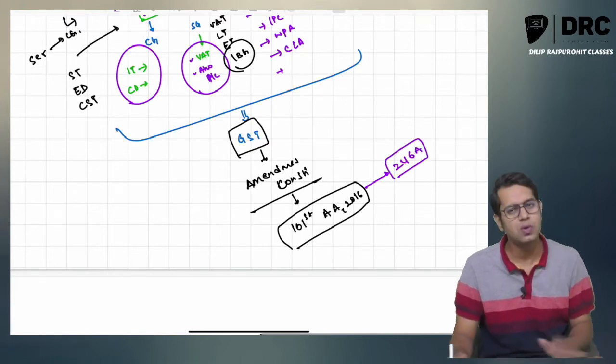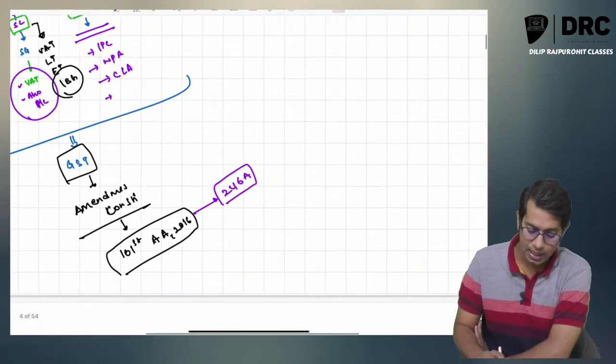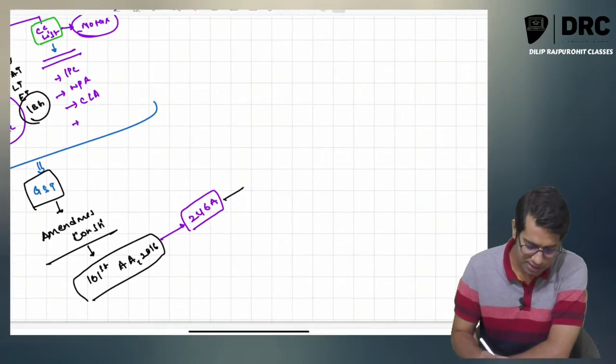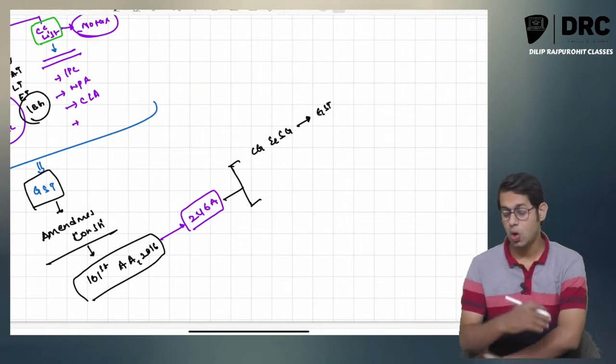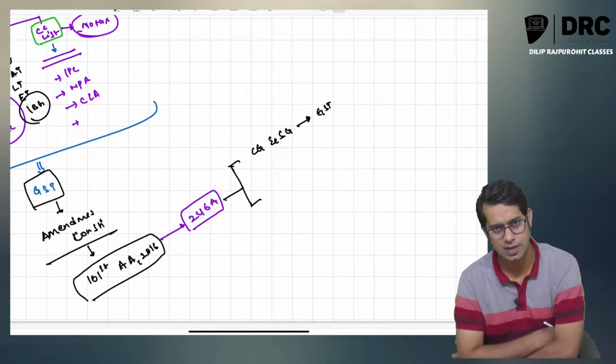Now, what did this Article 246A tell? It told that now the central government as well as the state government can jointly come together and make a tax law and make laws with respect to goods and services tax.